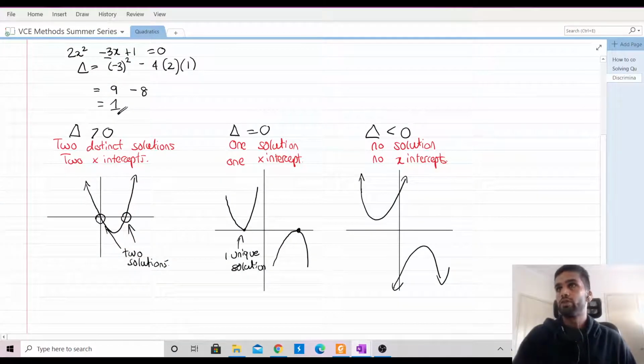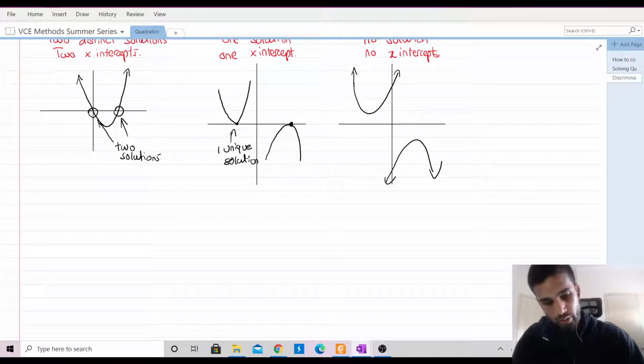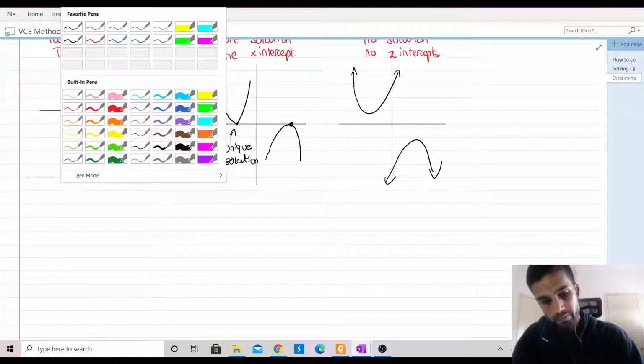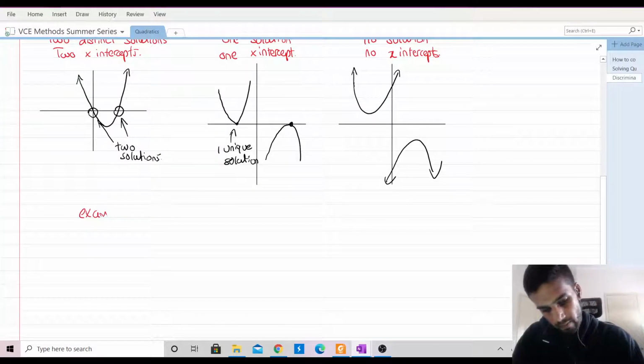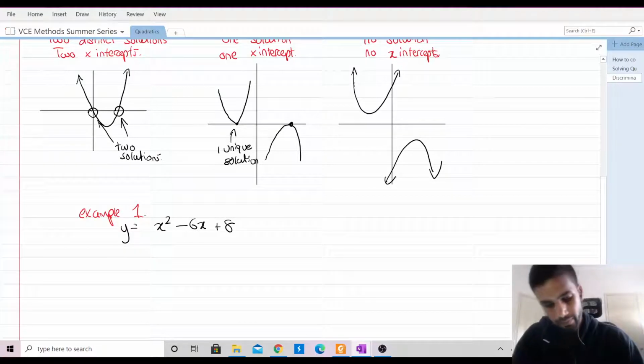So if we do a question, for example 1, let's find the discriminant for y equals x squared minus 6x plus 8.